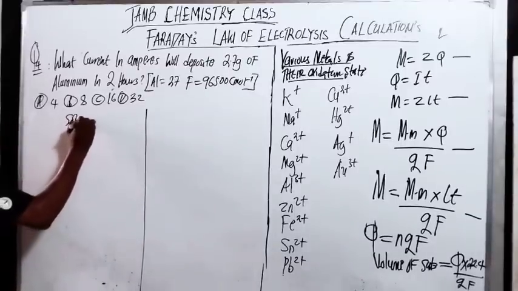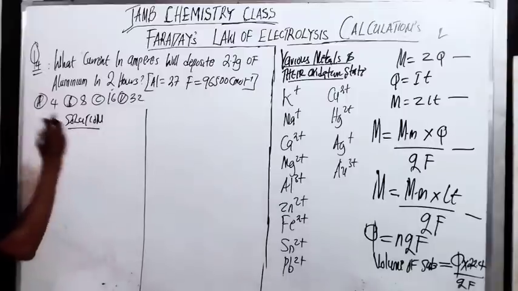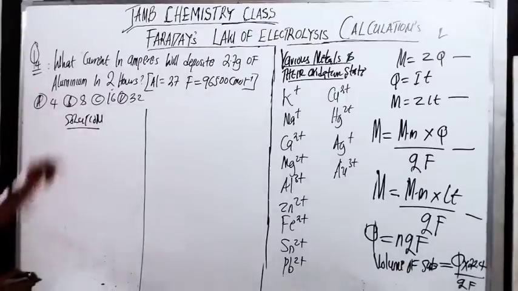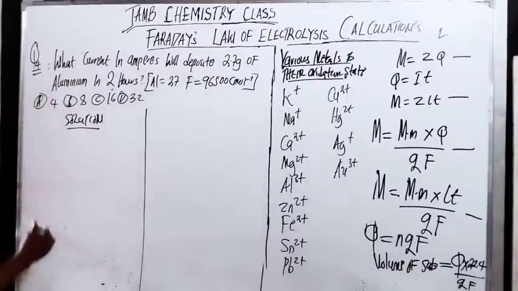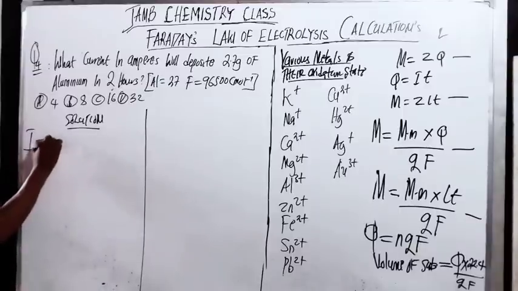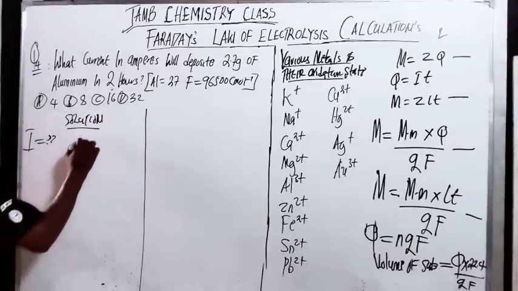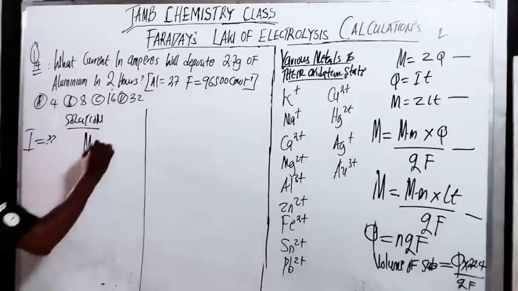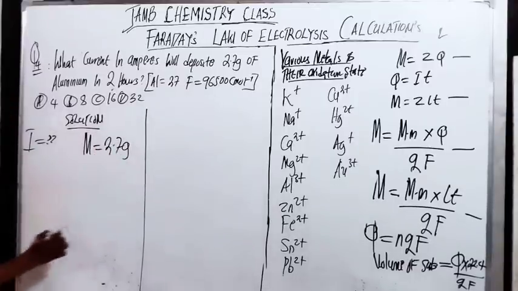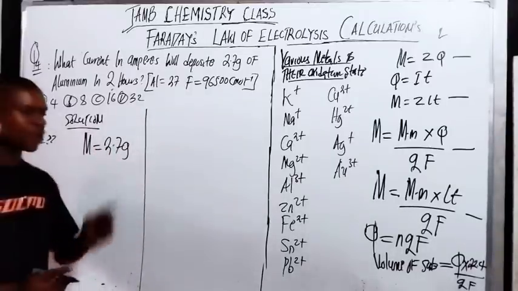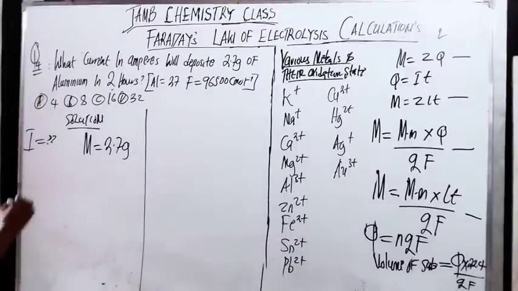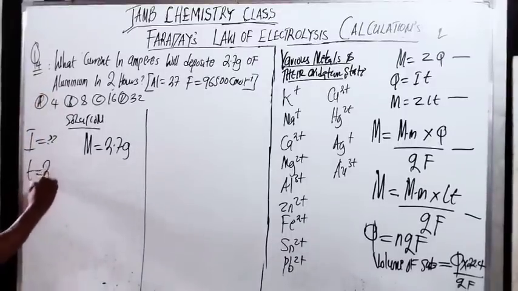Solution. Remember, before you can solve anything here, you get all the parameters, right? What current in amperes? So we are looking for the current, right? Now the mass was given to us to be 2.7 grams. So the mass that was deposited was 2.7, right? Now the time is 2 hours.